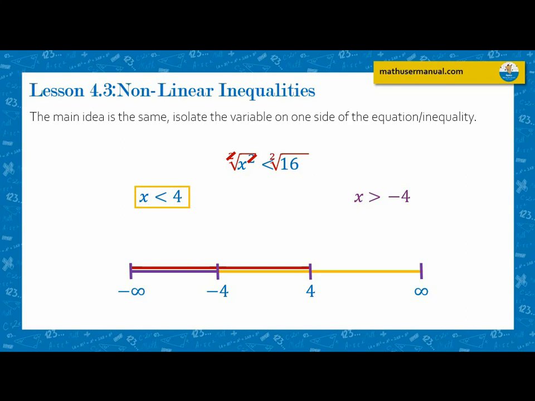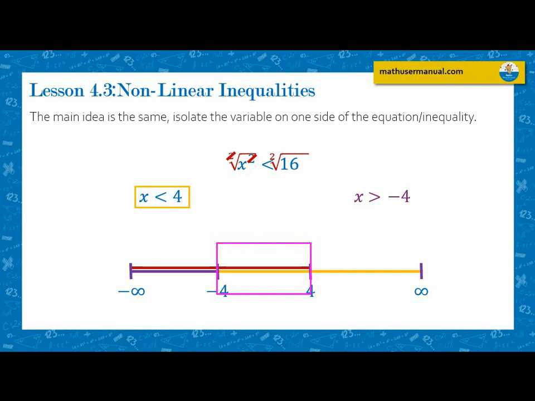Now we have to better analyze this solution set and understand what the actual possible solutions are, because if we take a look at the red line and the orange line, technically they cover the entire number line. So what is our actual set of solutions? In these situations, our set of solutions is represented by the intersection of the two lines.